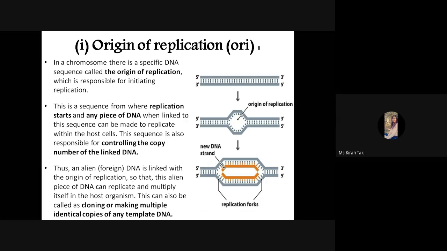This sequence also controls the copy number of the linked DNA. So when we incorporate our gene of interest in a vector having an origin of replication, the piece of DNA will replicate and multiply itself in the host organism, and this process is known as cloning, or making multiple identical copies of any template DNA.